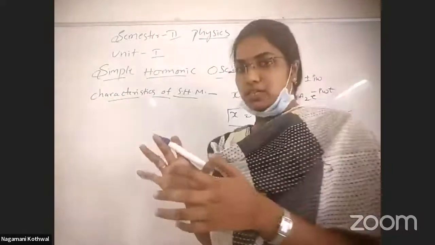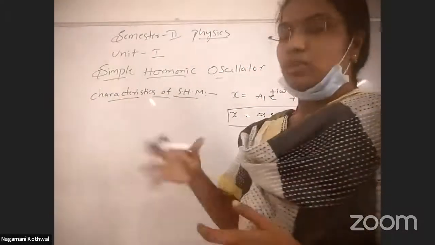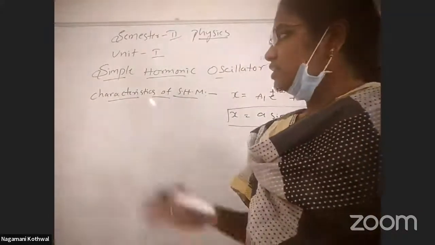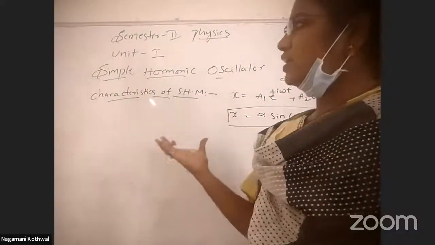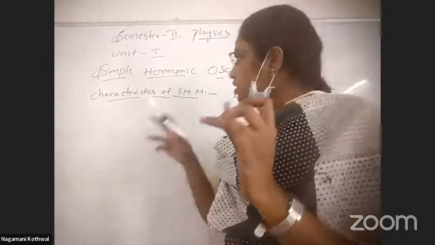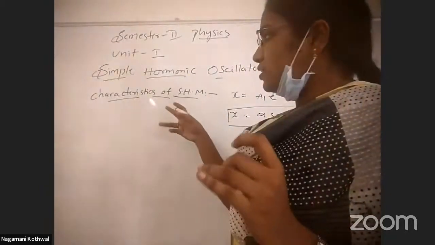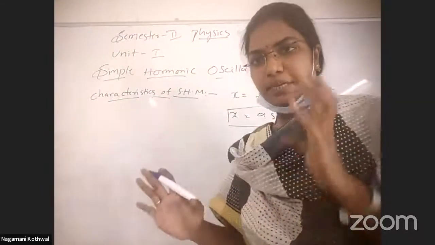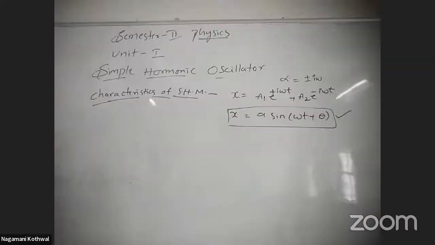What are the properties of simple harmonic motion? Generally, simple harmonic motion has properties of amplitude, displacement, velocity, frequency, time period. Generally, no need to go deep into that.